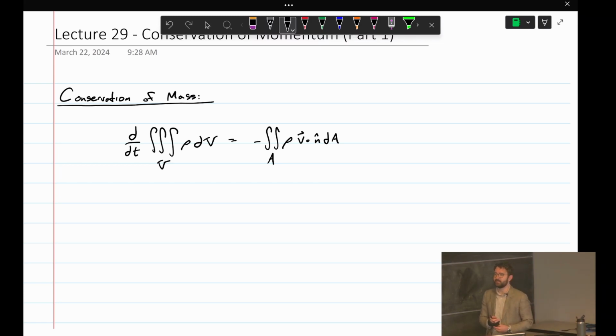Maybe someone can tell me, is conservation of mass a scalar or a vector equation? Scalar, right. Mass is a scalar, so we expect conservation of mass to be a scalar. We're going to see later on when we do conservation of momentum, momentum is a vector, so that area integral is going to produce a vector.